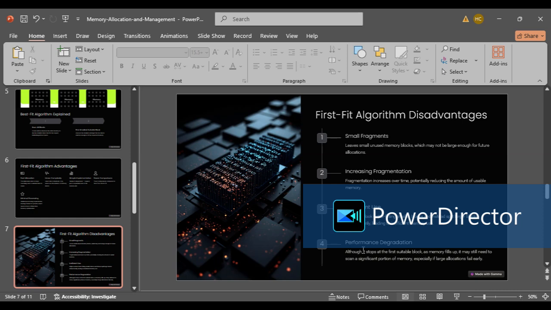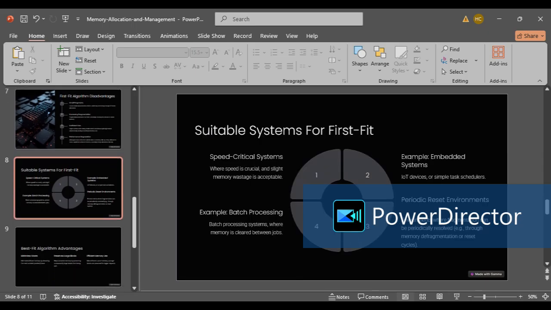Let's move on to suitable systems for first fit. One is where speed is crucial. An example of a system where speed is crucial is IoT devices, embedded systems, or simple task schedulers.